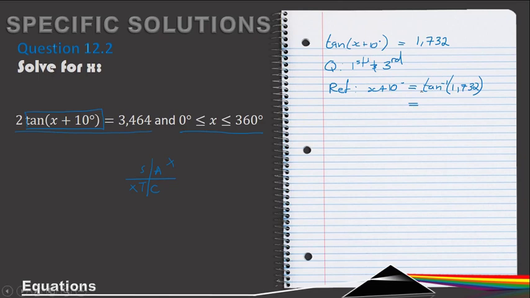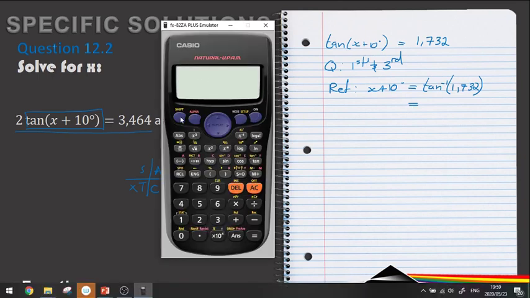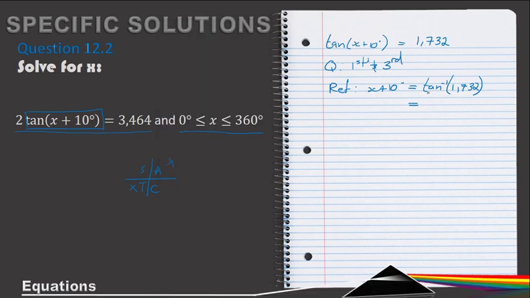Let me use shift tan of 1.732. That gives 59,99, so I can actually go with 60 degrees as my reference angle.